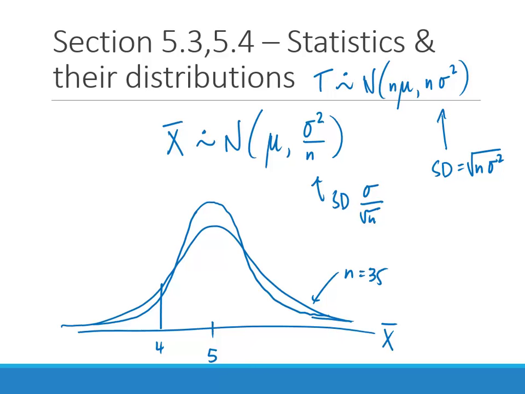If I wanted to know the probability of being between 4 and 6, the probability of being in the middle, as my sample size gets bigger, that probability will get bigger. It got smaller in the previous example because we were looking at a probability of being less than 4, something away from the mean. But if I look at the probability of being close to the mean, that probability will get larger.